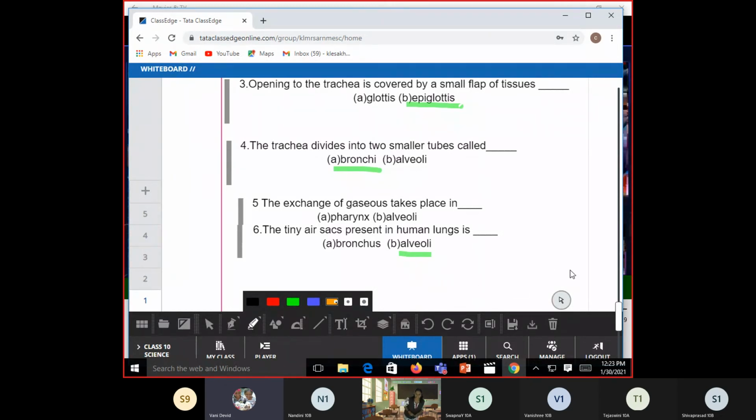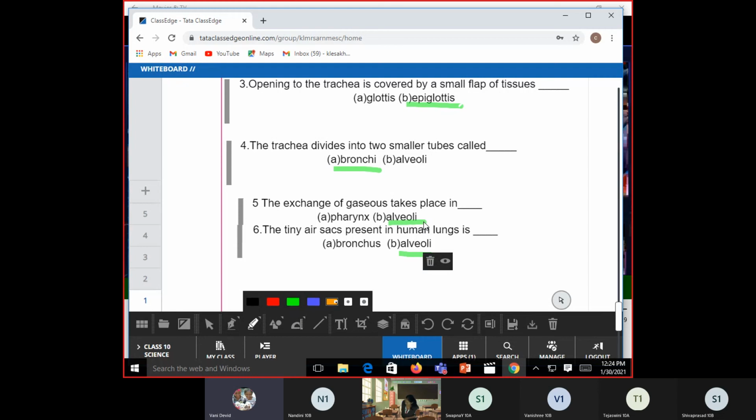The exchange of gases takes place in. Option B, it is alveoli. Fifth question, children.